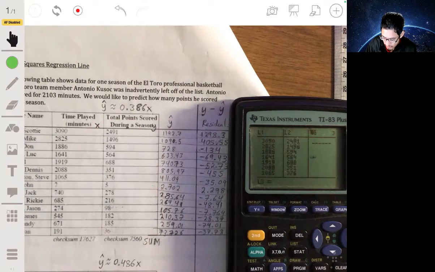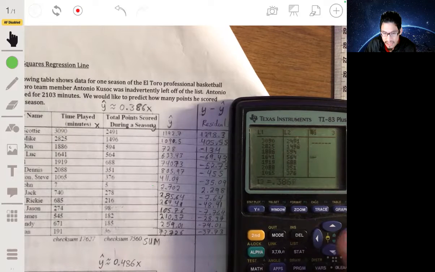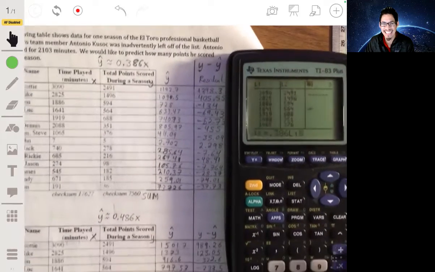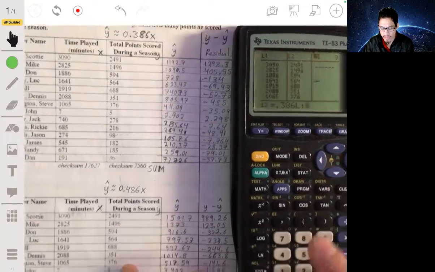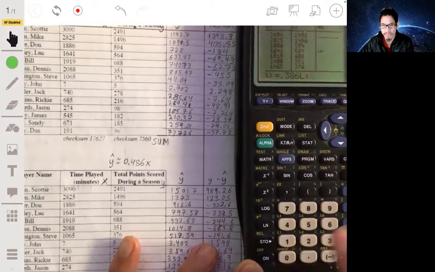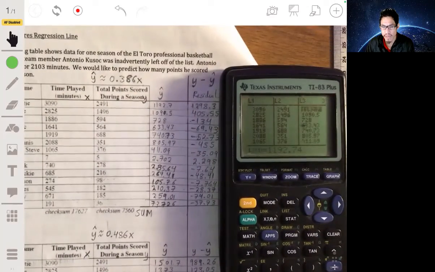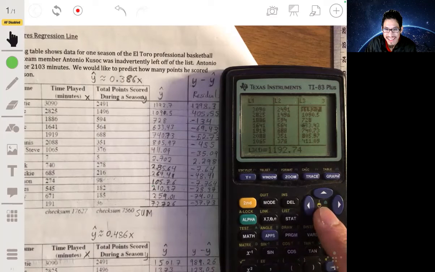In this case, it's 0.386 x, where x is list 1. So what I'm going to do is type 0.386 L1. L1 is this key right here. Press enter, and bang, my list is already completed. So all these values here.